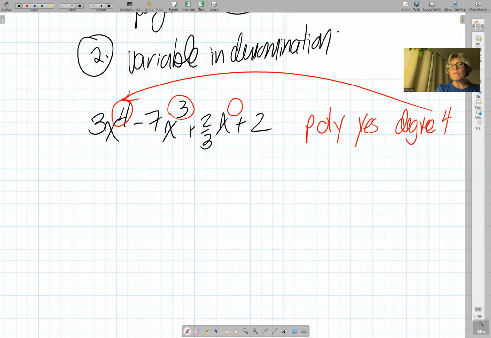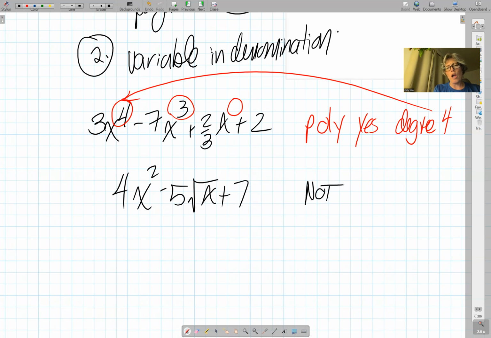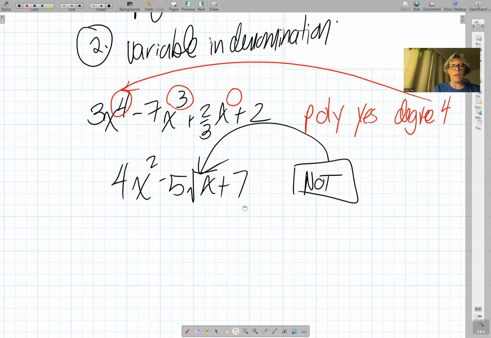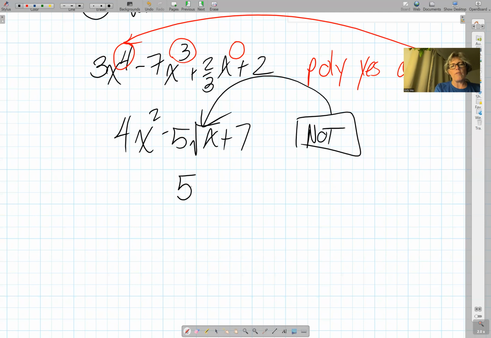Here would be an example of something that's not a polynomial. You have 4x to the second, 5 root x plus 7. This is not a polynomial because the variable is under the radical sign, which technically means it also has a fractional exponent. Because remember, 5x to the 1/2 would be the same as that square root sign.